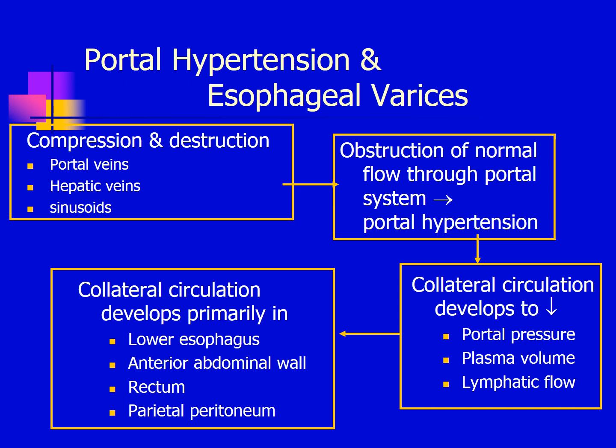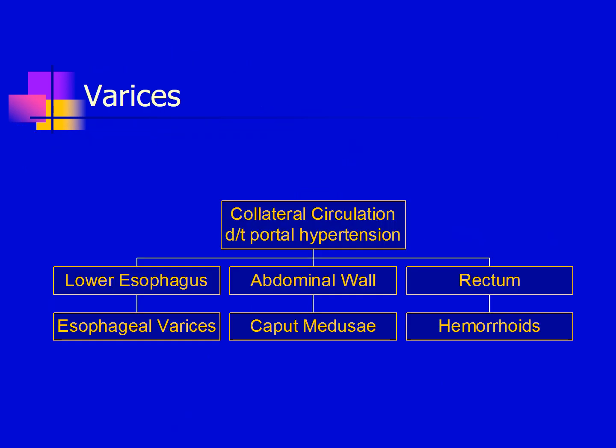Portal pressure and plasma volume go up, with lymphatic flow obstruction, leading to more pressure in the lower esophagus. Collateral circulation develops primarily in other areas, the rectum and the abdominal wall. So the pressure builds up and you're going to see bulging. Okay, so bulging. Next slide.